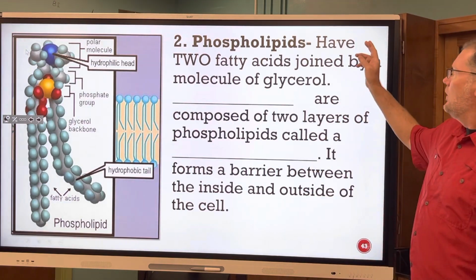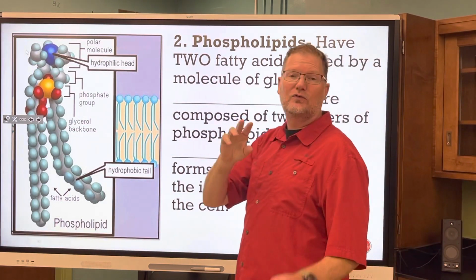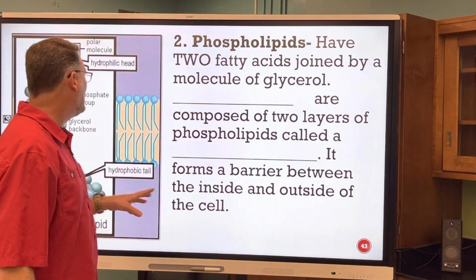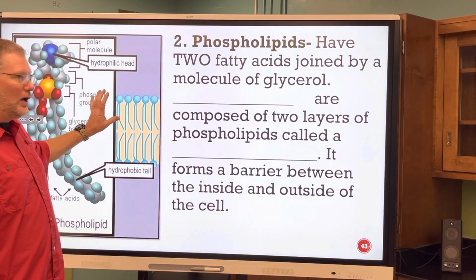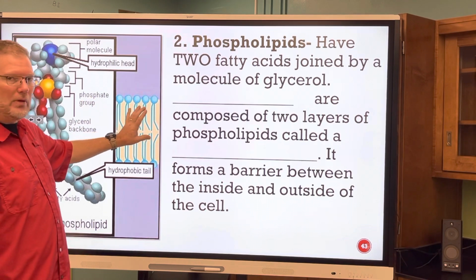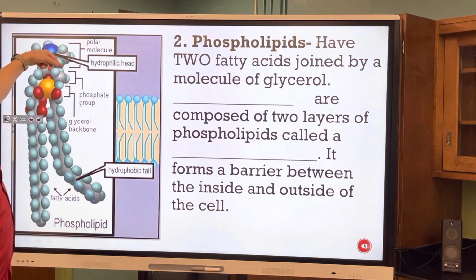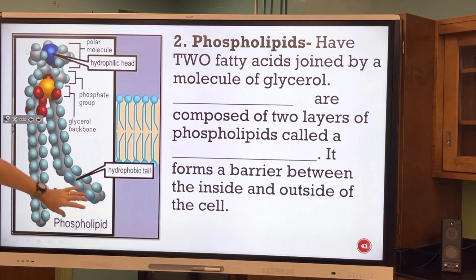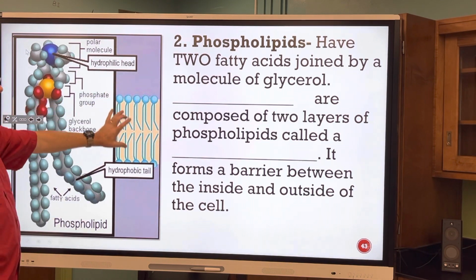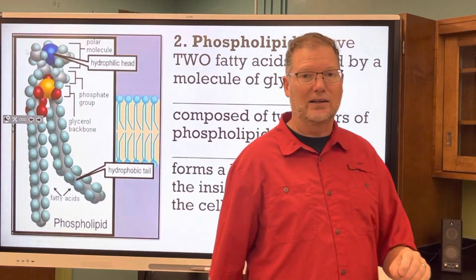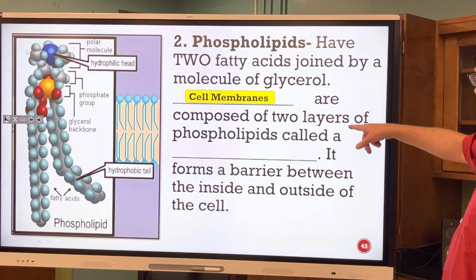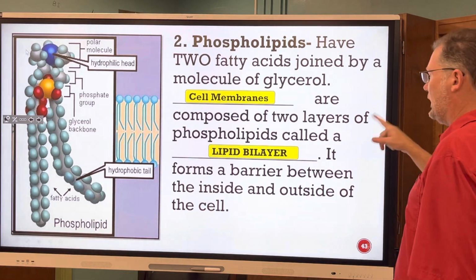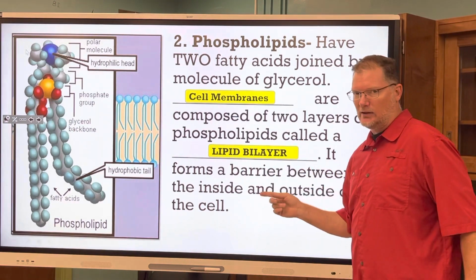All right, so the second one is phospholipids. Now, phospholipids, these are the ones that form the cell membranes, okay? And they have that hydrophilic head and the hydrophobic tail. So these are the heads and these are the tails, and that makes your lipid bilayer, your phospholipid bilayer. So cell membranes composed of 2 layers of phospholipids called a lipid bilayer.